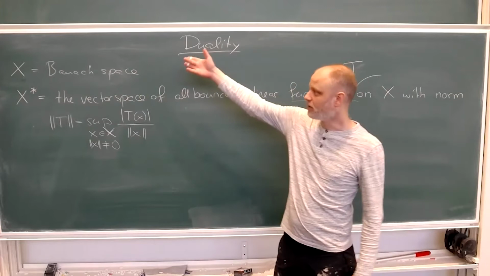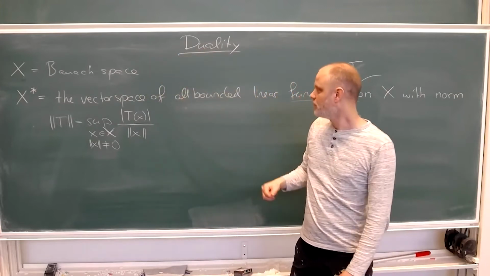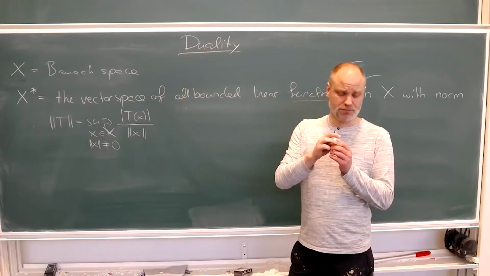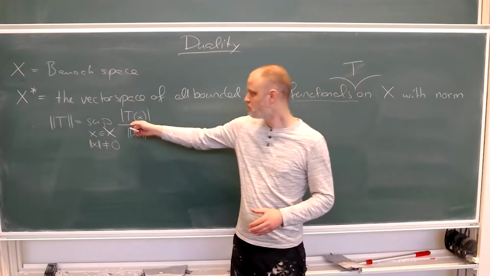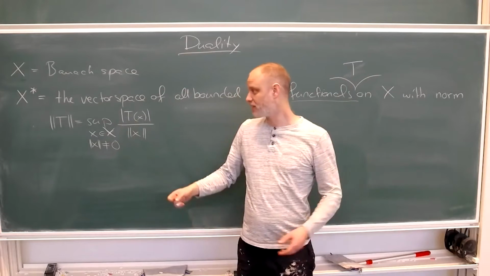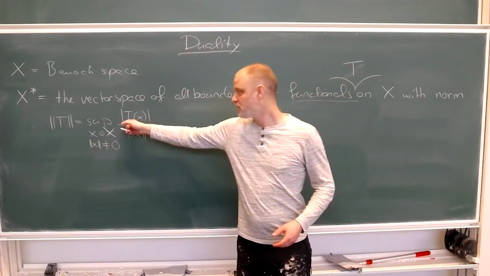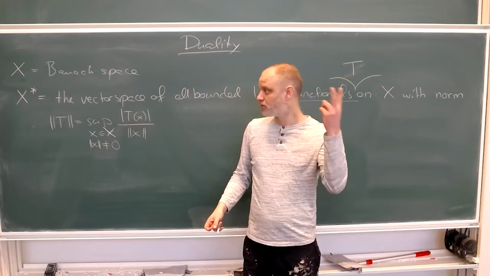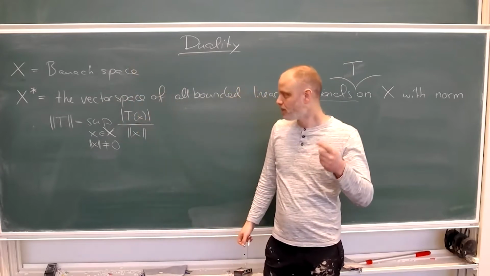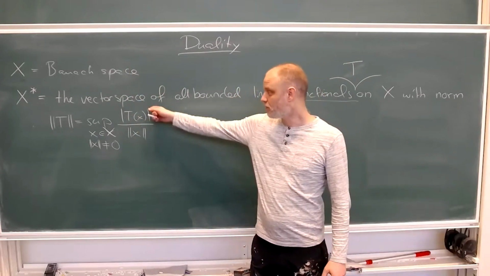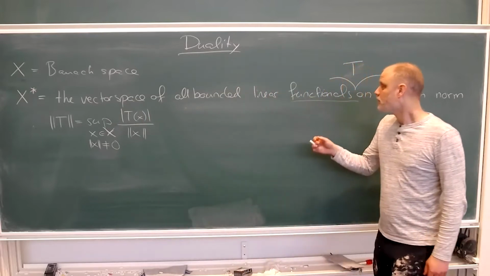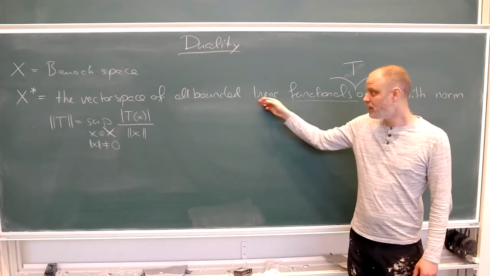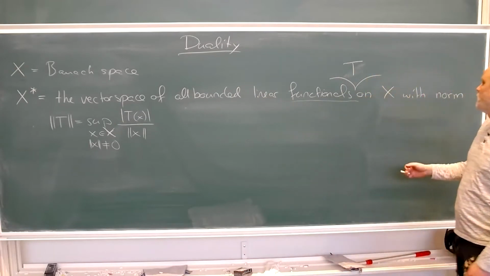If it's a real Banach space, then the functionals should be real valued. So T is a function that takes values in X and brings them to some value T(x). Functional means T(x) is in R or C, depending on the space. And the norm here is just the absolute value. So it should be linear. You know what linear is.